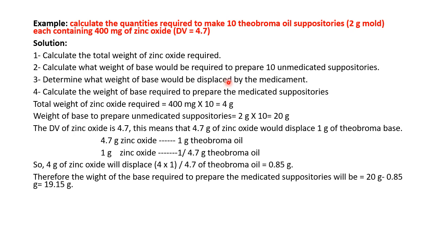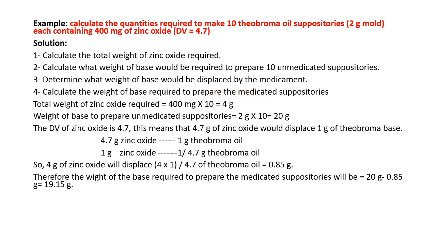So we determine the weight of the base that the zinc oxide will displace after adding it to the total base weight. Finally, calculate the weight of the base required to prepare the medicated suppositories. So in this case, we calculate the weight of the base after adding the zinc oxide.